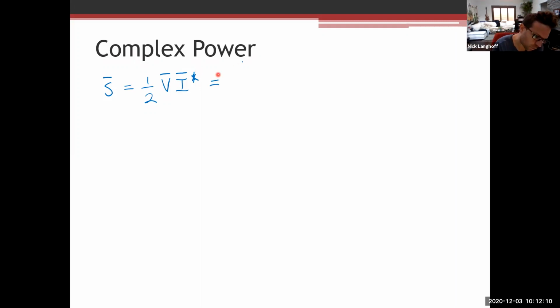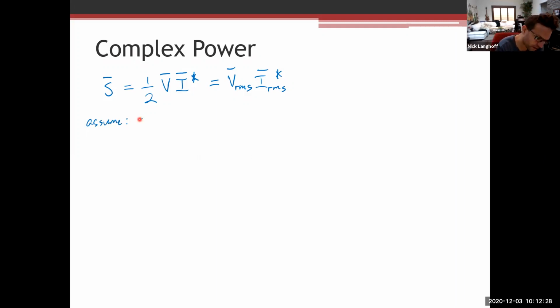Okay, now we can write that as VRMS, the phasor, times the complex conjugate of IRMS, right? And that would be true for any signal.